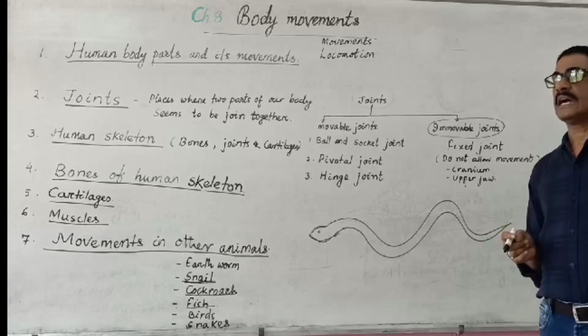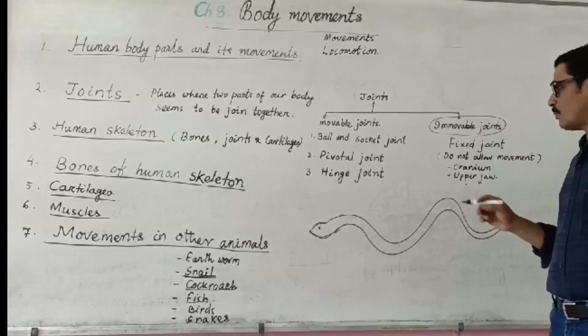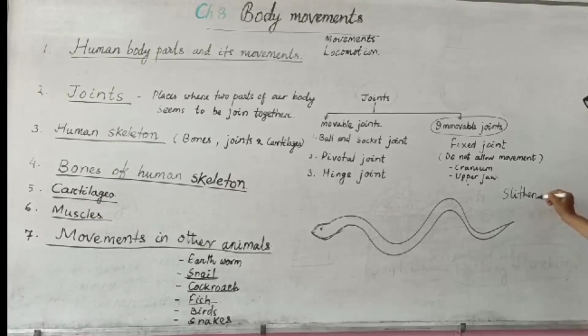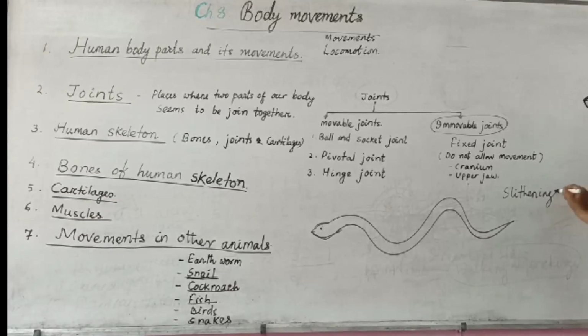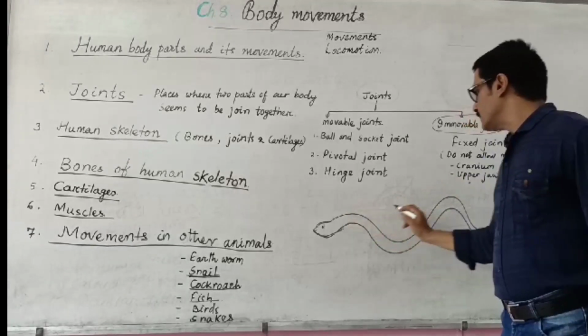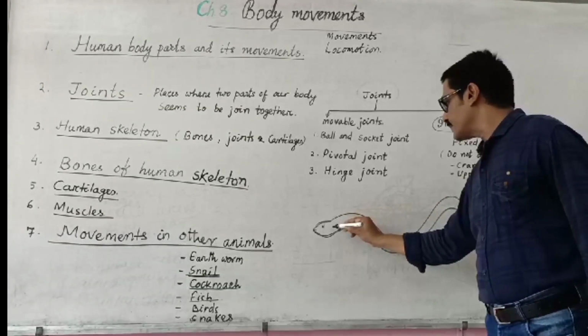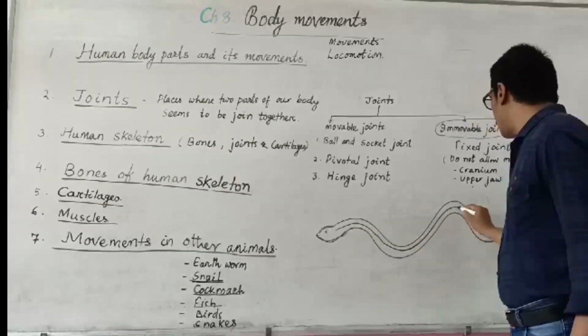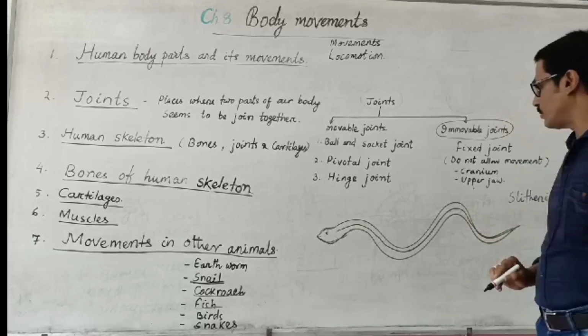How can it move? The movement of a snake is called slithering. It slithers on the ground. As it has no legs, the whole skeleton of the body helps it to move.